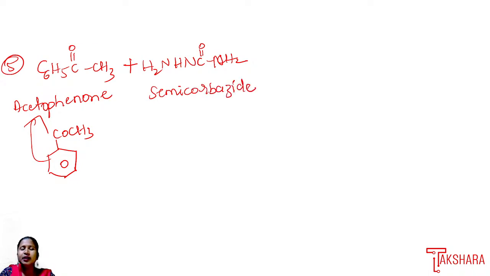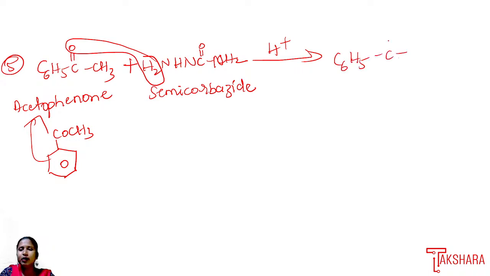When it reacts with semicarbazide in the presence of acidic medium, a water molecule is removed and C6H5 C double bond N, NH, C double bond O, NH2 is formed, and CH3 is attached to the carbon atom.